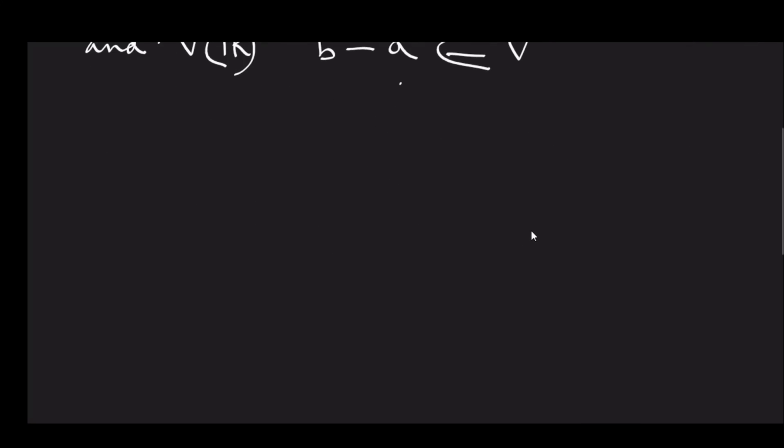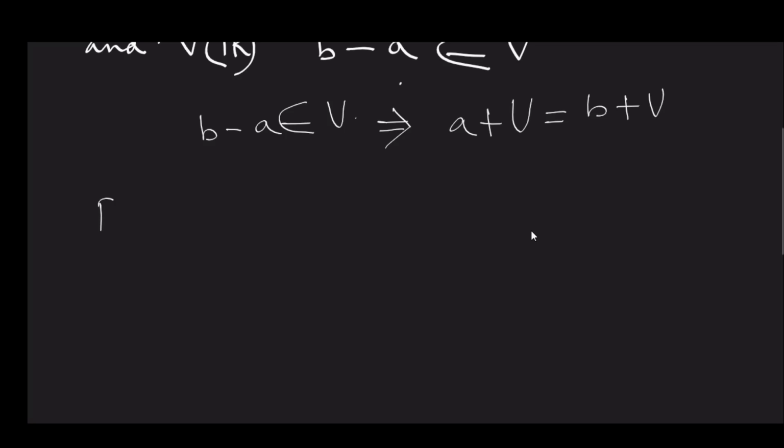So basically my claim is that B minus A must belong to U. In that case only. So in order to prove it, let us assume this is U. Let us assume this.